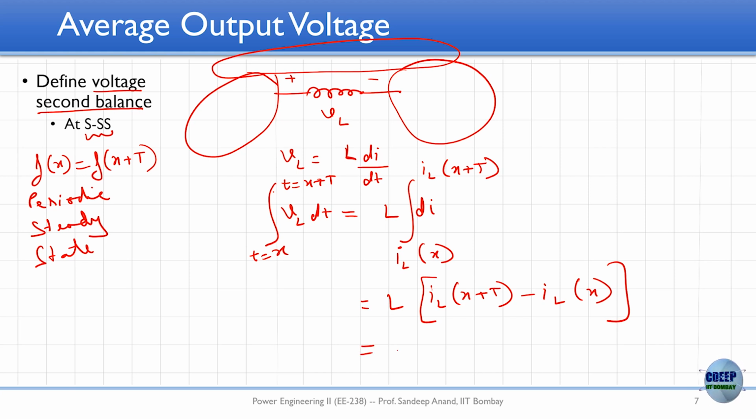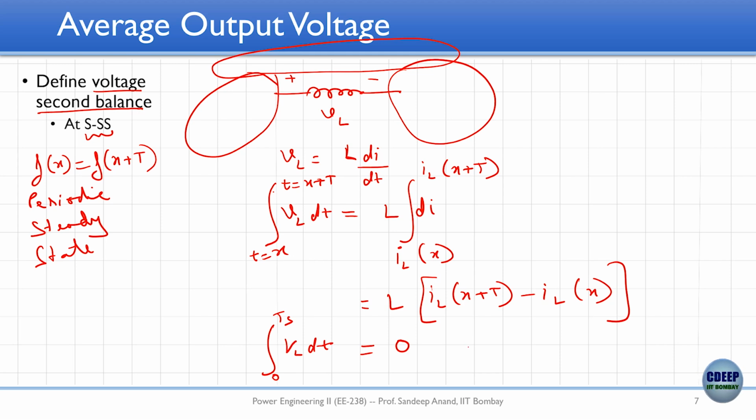What would this be equal to? This would be 0 if you have steady state. I would only use the word steady state from now, but you understand we are talking about periodic steady state. So this would be 0, and this means on the left side the integral of the inductor voltage over a period of time Ts, you can do 0 to Ts, or x to x plus Ts, anything, this integral would be equal to 0.